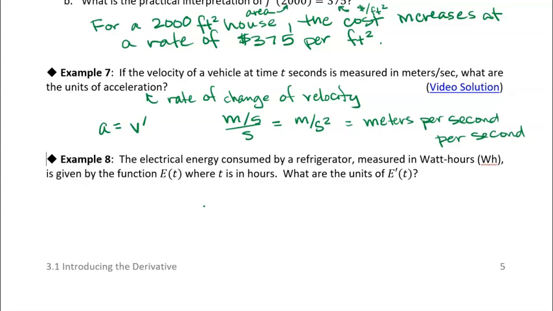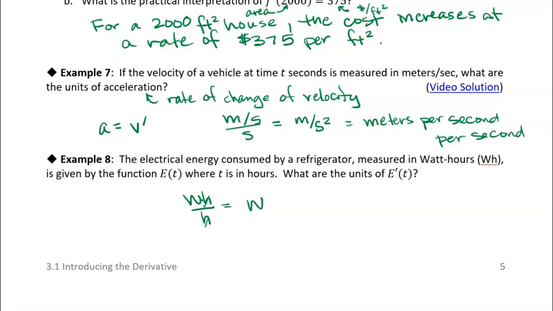Okay, so we're taking the derivative. Now the units of E are in watt hours, and we're taking the derivative with respect to t, so we divide by hours. Now, because watt hours is watts times hours, we can actually cancel the hours part of it, and we get watts.